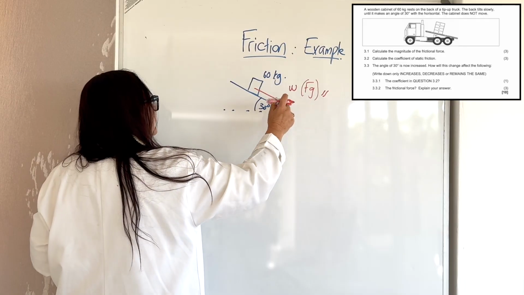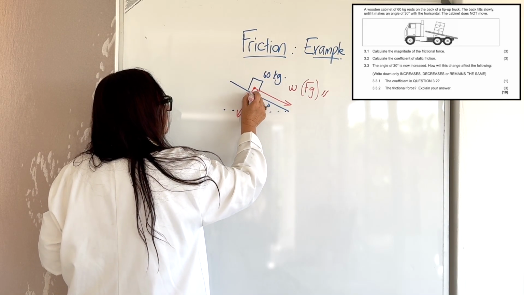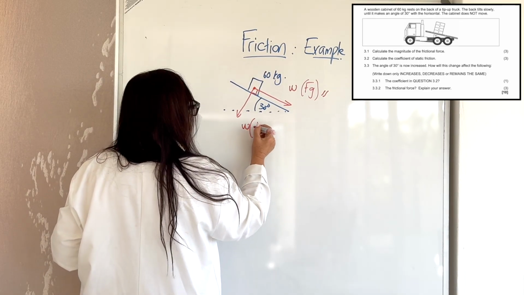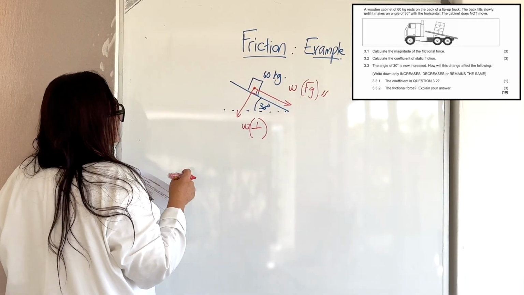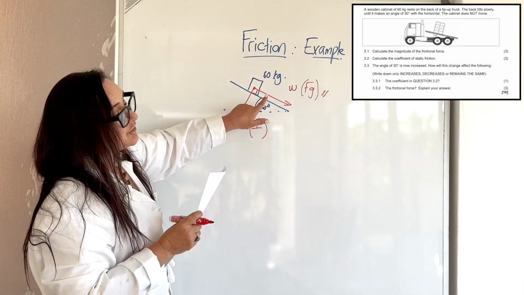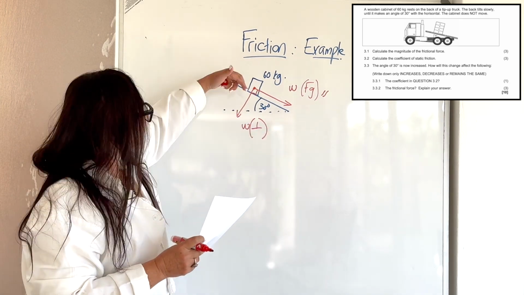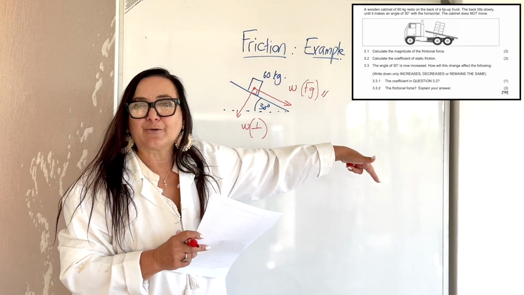So immediately I'm also going to draw in with a 90-degree angle my weight component that is pushing it onto the slope. Okay, so that is our two components of weight. If there would have been no friction, of course this cabinet would have slid down.